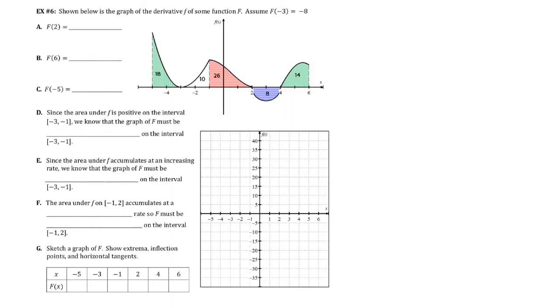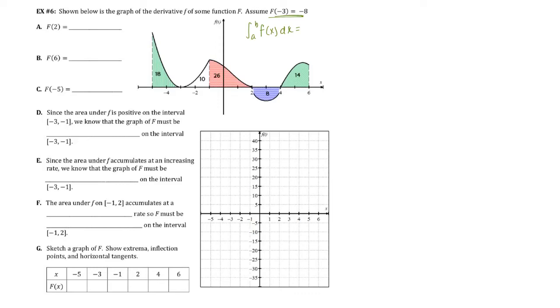All right, so for example 6, we are shown below a graph of the derivative of f for some function big F, and we're given this value. So what this is going to be really hinging on us knowing is the fact, and it's all the way back at the very beginning, that if we integrate from a to b of f prime of x dx, that's going to give us our original function back.